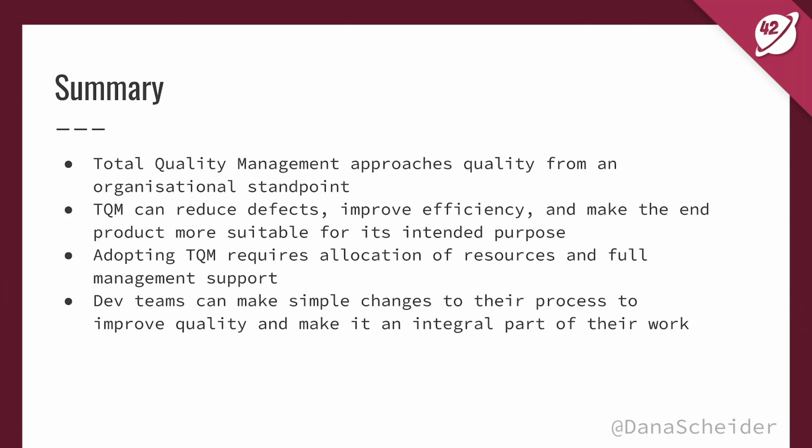TQM can reduce defects, improve efficiency, and make the end product more suitable for its intended purpose. TQM can also reduce your QA and defect-related costs, provided that you understand that you still need to invest a certain amount of resources and employee time in quality management.